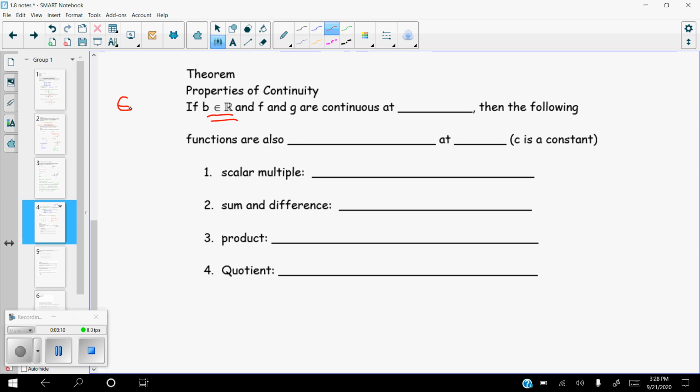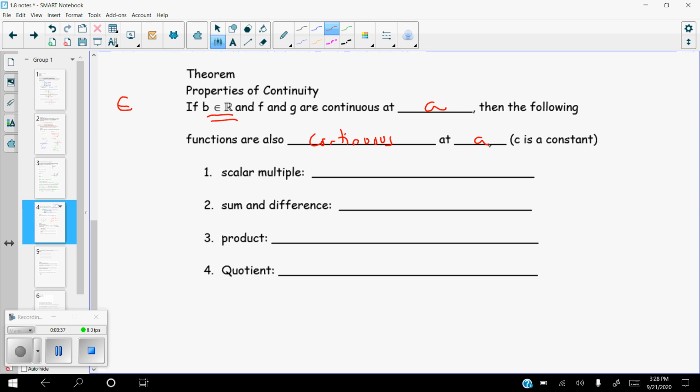So if B is an element of all real numbers, basically it's a really shorthand notation of saying B is a real number. If B is a real number and f and g are continuous at a, then the following functions are continuous at a. And we're going to use c as a constant in this case.